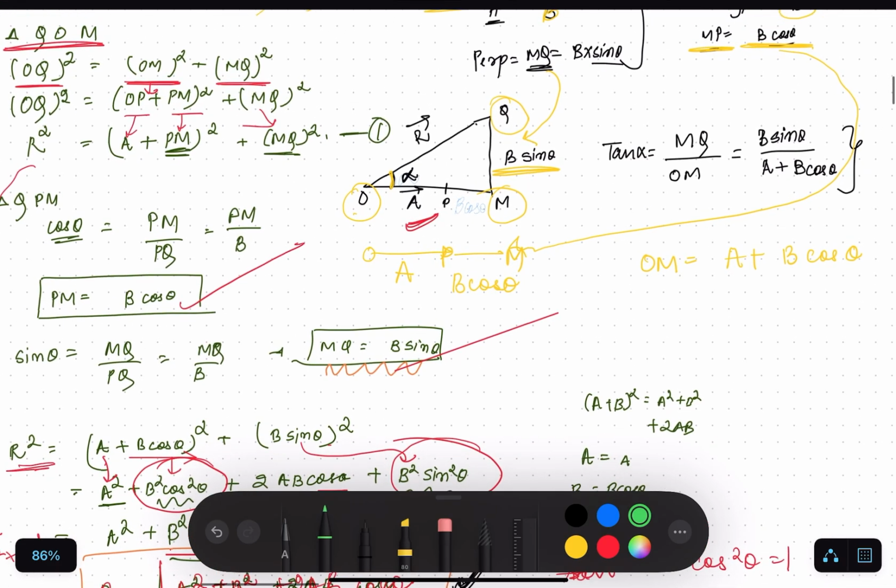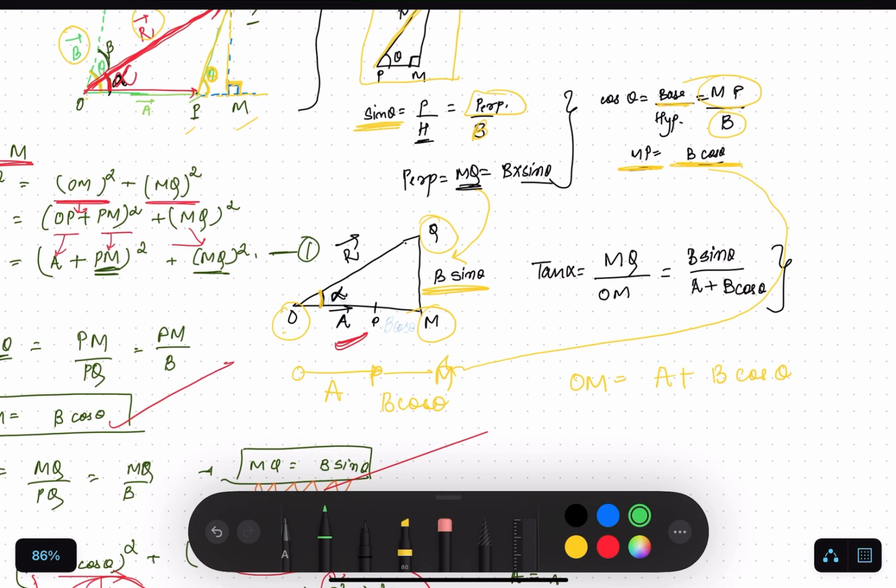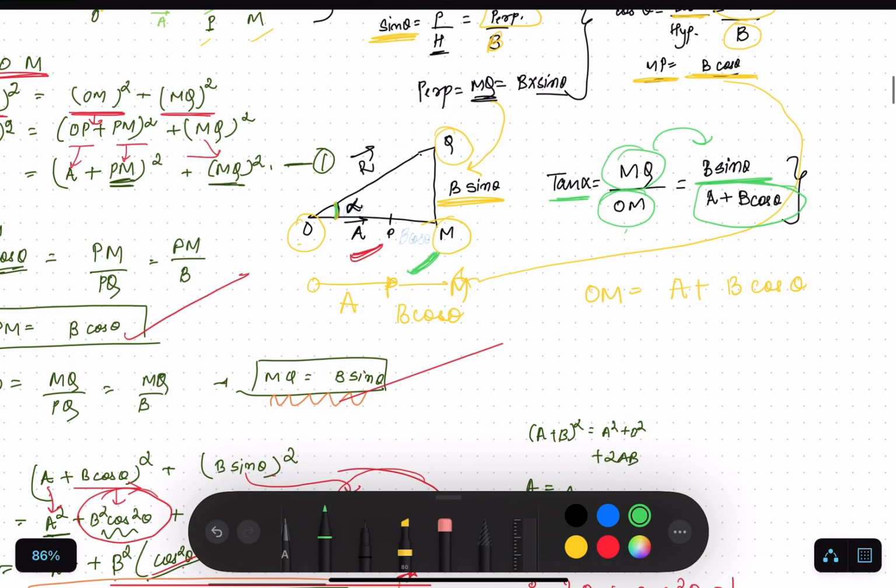So here let's come back to tan alpha. In this triangle OQM we will get tan alpha. What does tan alpha mean? Tan alpha is perpendicular upon base. My perpendicular is MQ, that is B sin theta. My base is OM, that is A plus B cos theta. So for this angle alpha, tan alpha is MQ upon OM, that is B sin theta upon A plus B cos theta. Now if we have the value of tan alpha, we can find the value of alpha.